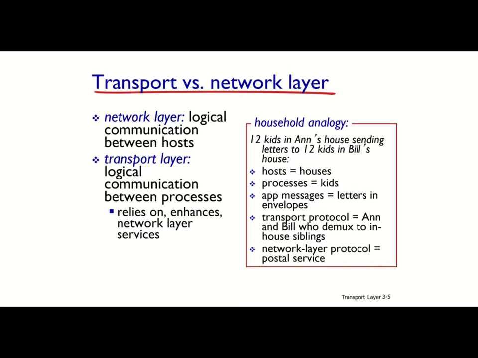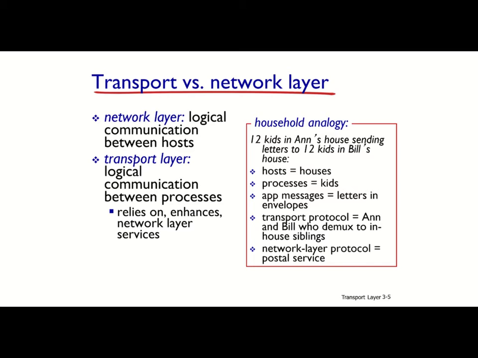So for such letter exchange, we need to have the service that postal service provides, right? Because Anne's house is in one part of the world, Bill's house is in another part of the world. So we need to have a postal service that can carry the letter from the source to its destination.